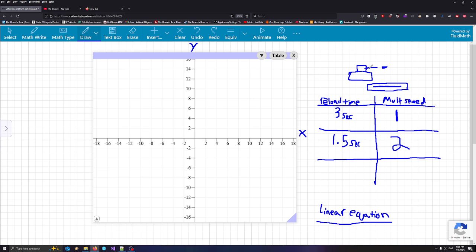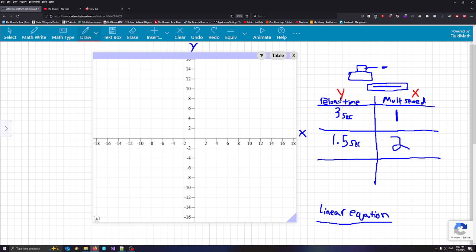And what I decided when I was doing this was I made reload time our y axis and the multiple speed our x axis. Actually, let me make this the y, and I made this the x. And it actually doesn't matter which one you pick. I just decided to do it this way because the numbers came out a little nicer. I tried them both ways, and the numbers were not as nice when I swapped it. So that's really the only reason.